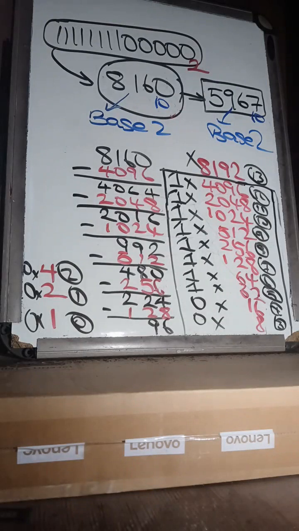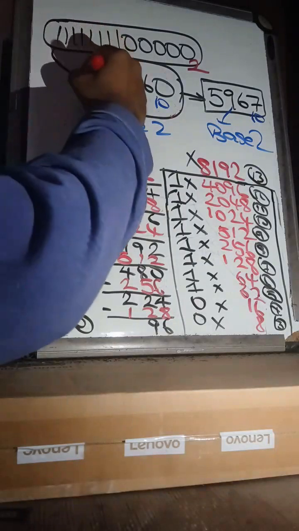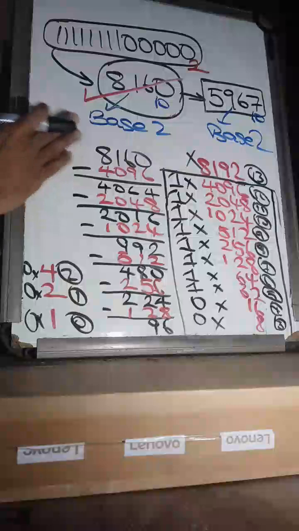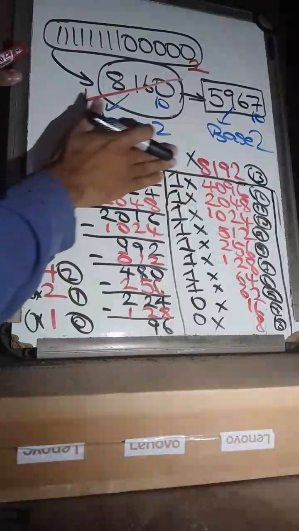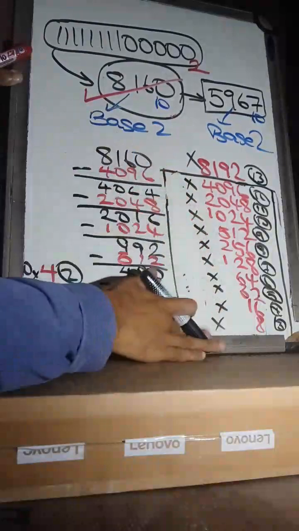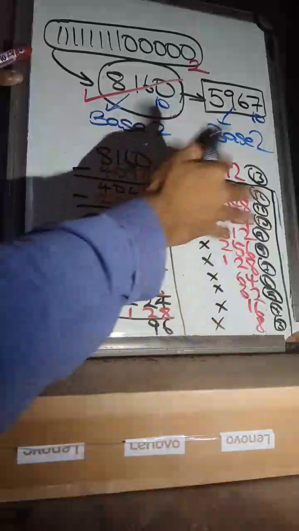So first we used 8,160. Now let's see what happens if we use something else. We're done with that one. So let's try 5,967 and see what ends up being our case right here. So I could get rid of that. Let's get rid of that.